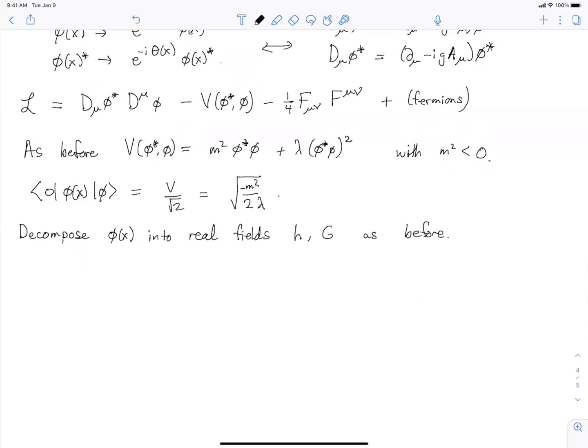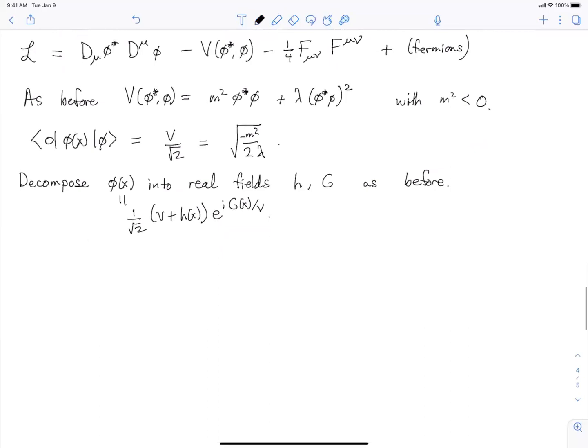So phi of x is going to equal 1 over square root of 2, v plus h of x times e to the i g of x over v. Okay, and so let's plug that in.